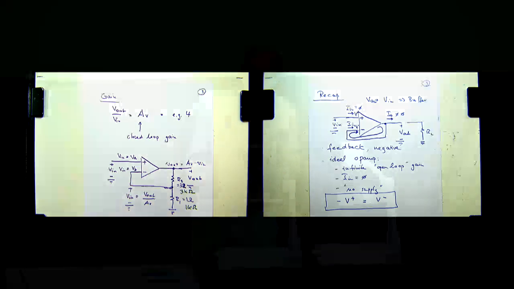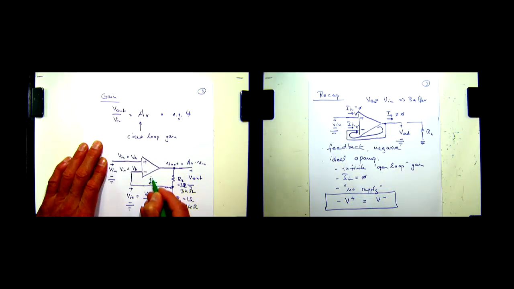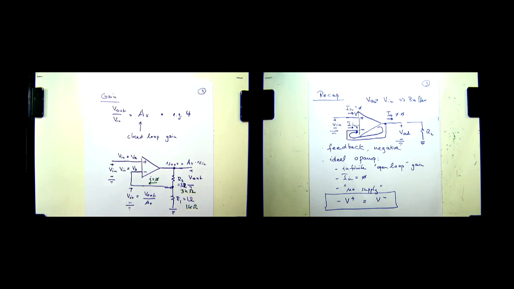If they're low valued, like just 1 or 2 ohms or so, the current is going to be very large. Since this current here is anyway 0, we don't need to run a large current down there. We only need to get this voltage. We don't need to supply a large, or any current for that matter. Okay? So we're going to use high-valued resistors. We're not going to waste power, otherwise it's just heat.